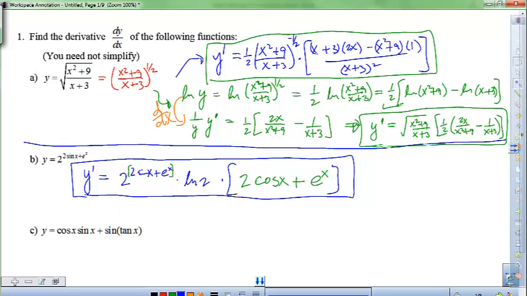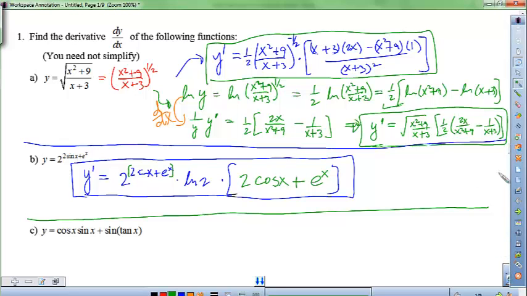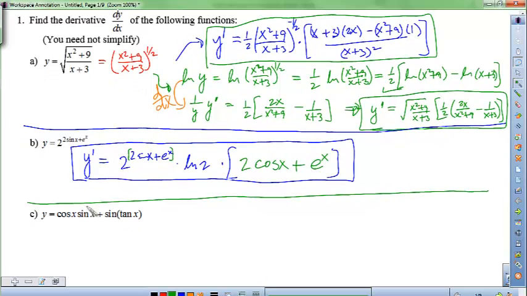The next problem is a good problem in trying to distinguish between multiplication and composition. So the first term in this looks like it's a product, so that would be good to note.